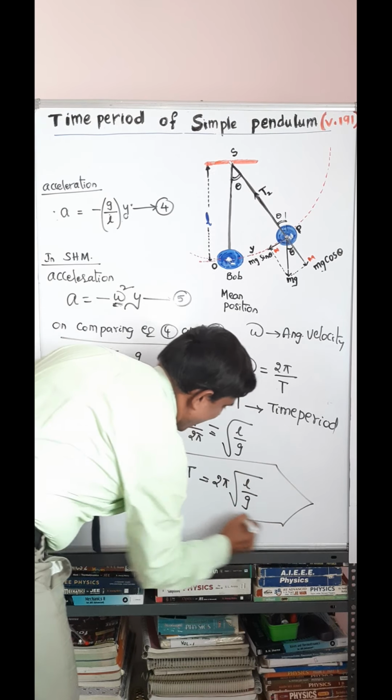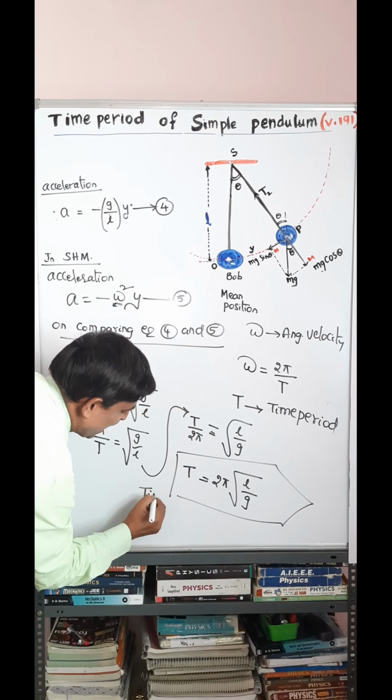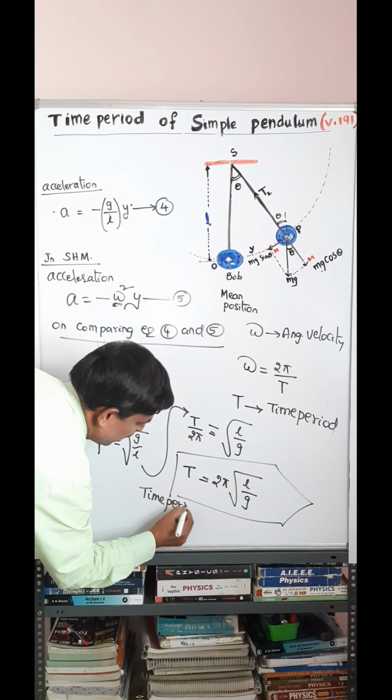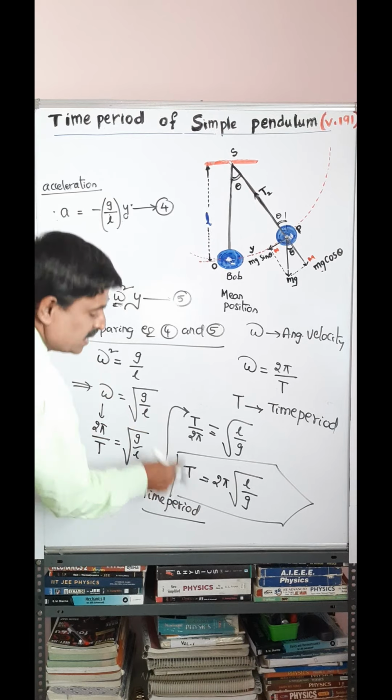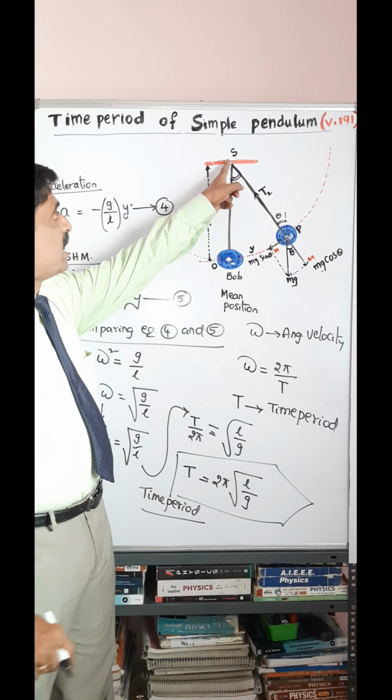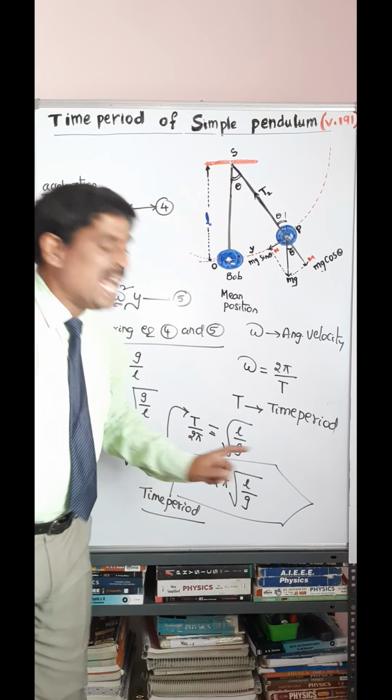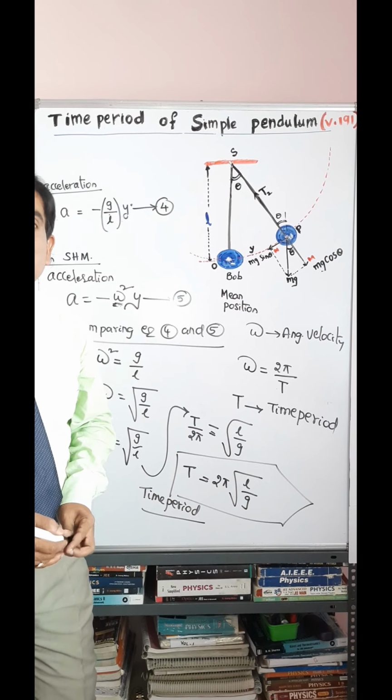Now this is the expression for the time period of the simple pendulum, where L represents the length of the simple pendulum, and g represents the acceleration due to gravity.